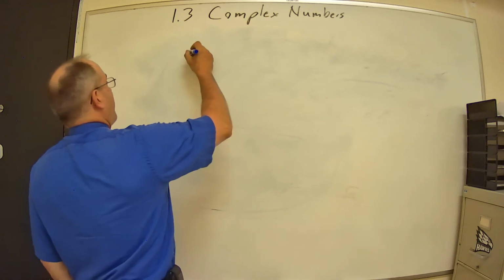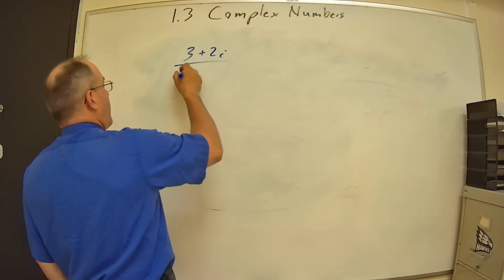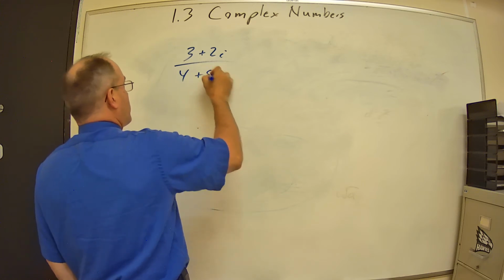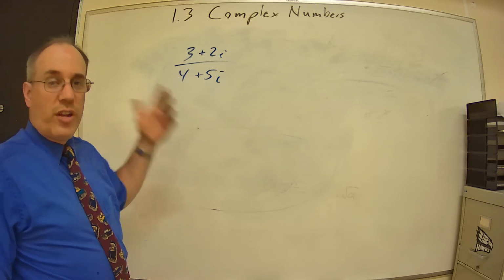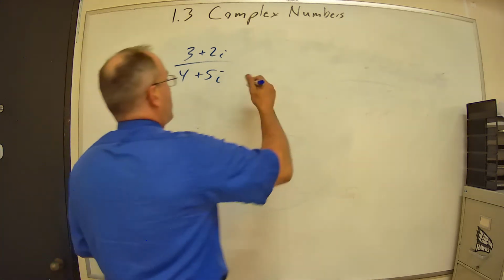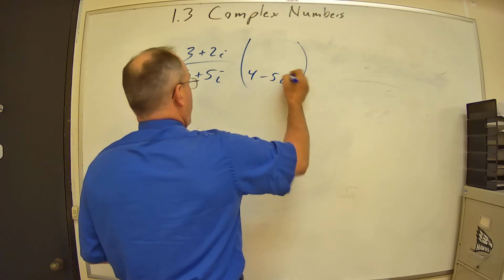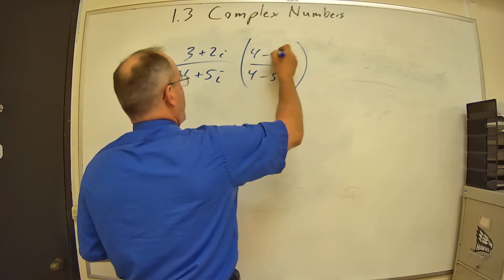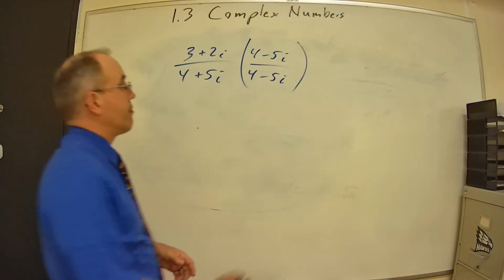So what if I have 3 plus 2i divided by 4 plus 5i? So what are we going to do? We're going to multiply by the complex conjugate of the number in the denominator, so 4 minus 5i. Remember, you always multiply the top and bottom by the same thing.